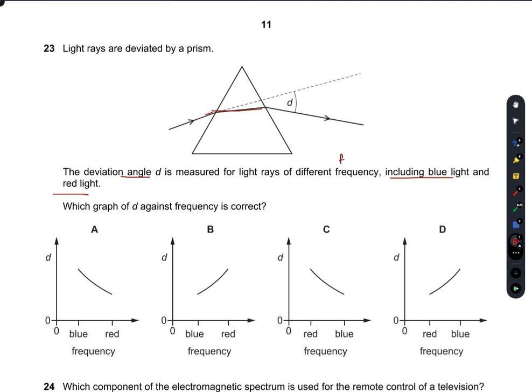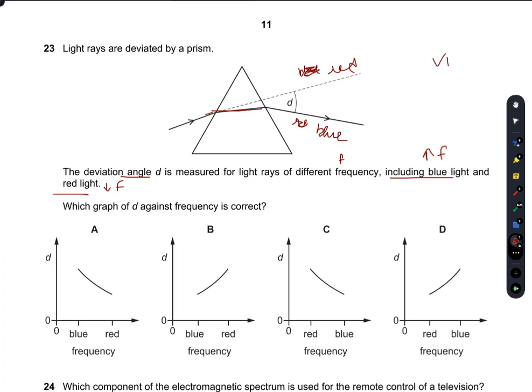So blue light has a greater frequency, whereas red light has lower frequency. The angle of deviation is greater for blue light and lower for red light.